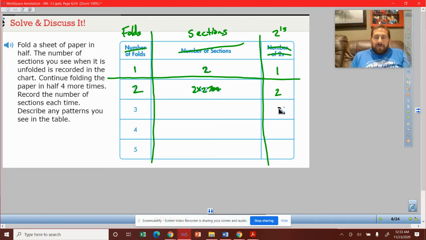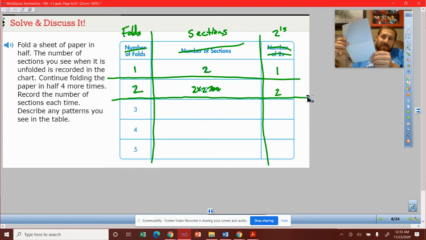Okay. So again, you have lined paper. Hopefully you're using that. We're going on to the next section. Two folds. Now I'm going to make a third fold. A third fold gets me eight sections, so four on this half, four on that half.